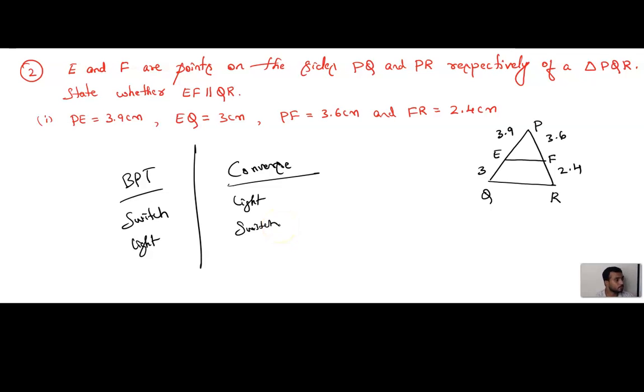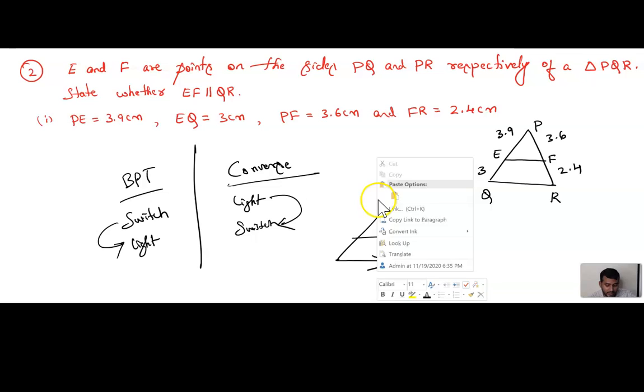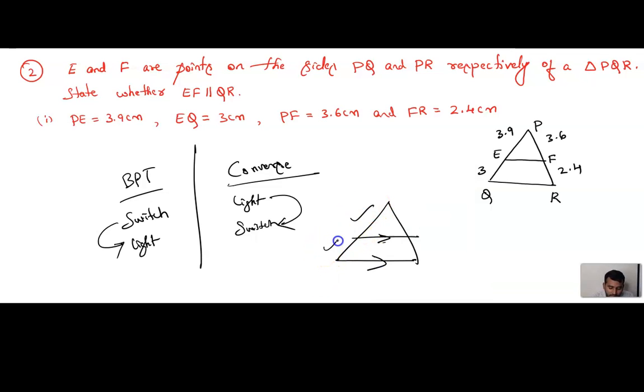Both are same. He is saying that from here to here, but he is saying that from here to here. That's it. Same sentence they are telling. Now BPT is saying that in a triangle, if any side is parallel to the given side of a triangle, then it divides the other two sides. Which are the other two sides? This side and this side. It divides the other two sides proportionally.